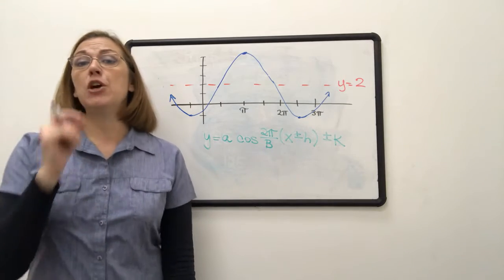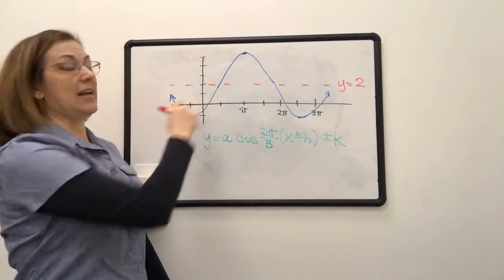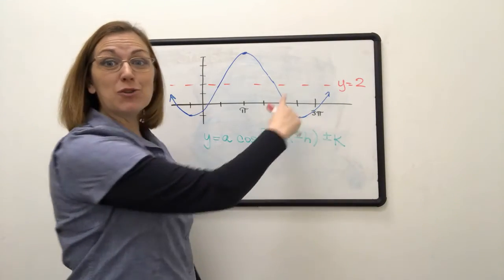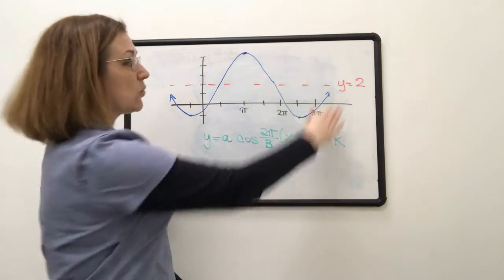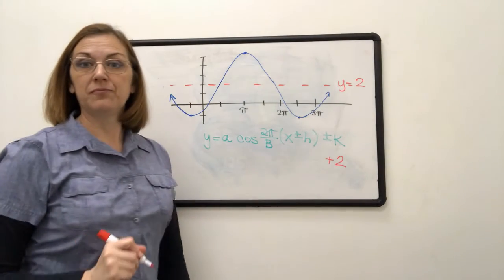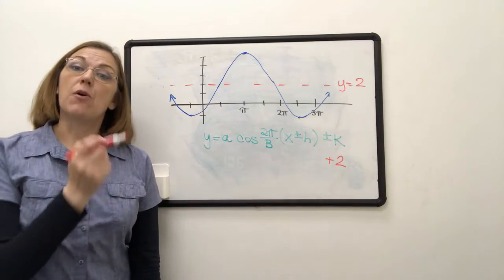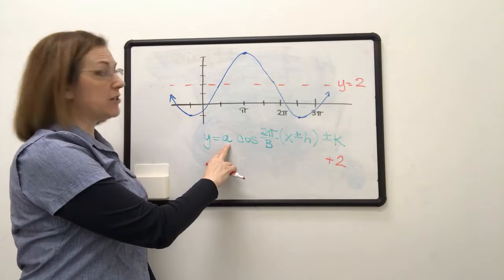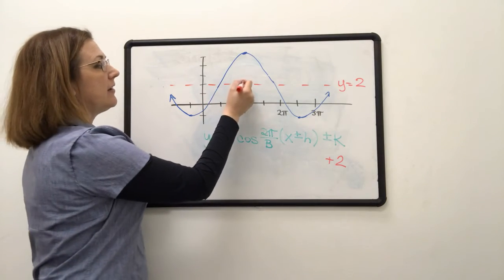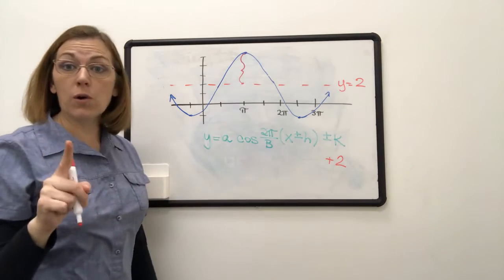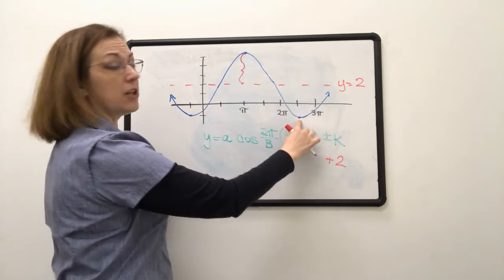Now that you have your midline, you have your up or down shift, because your midline, your axis of the wave, is going to be the same. So you know this is +2. All right, now we find the amplitude, the first number in our equation, from the midline to the highest point, or from the midline to the lowest point.